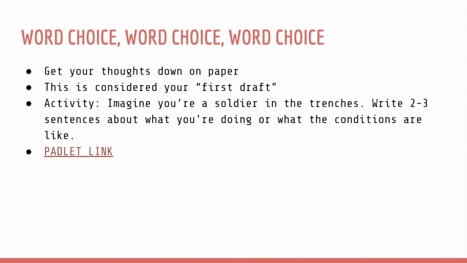So the activity for today is going to be in a Padlet link. I want us to imagine that you're a soldier in the trenches, okay, right? And I want y'all to write down 2 to 3 sentences about what you're doing or what the conditions are like. Basically, put yourself in the shoes of the soldier and just write down what's happening in the trenches and what's happening to you, and try to make it sort of like a diary post, I guess, like a journal entry.